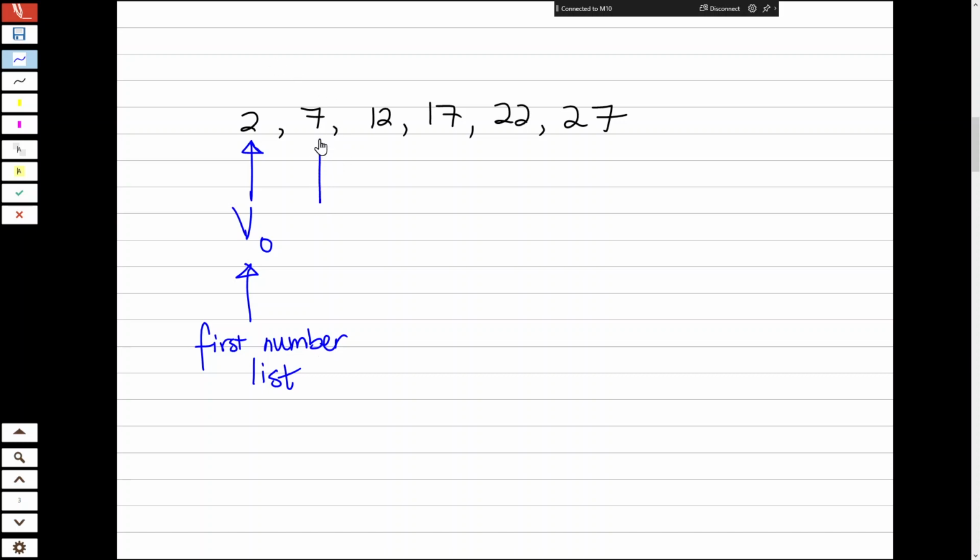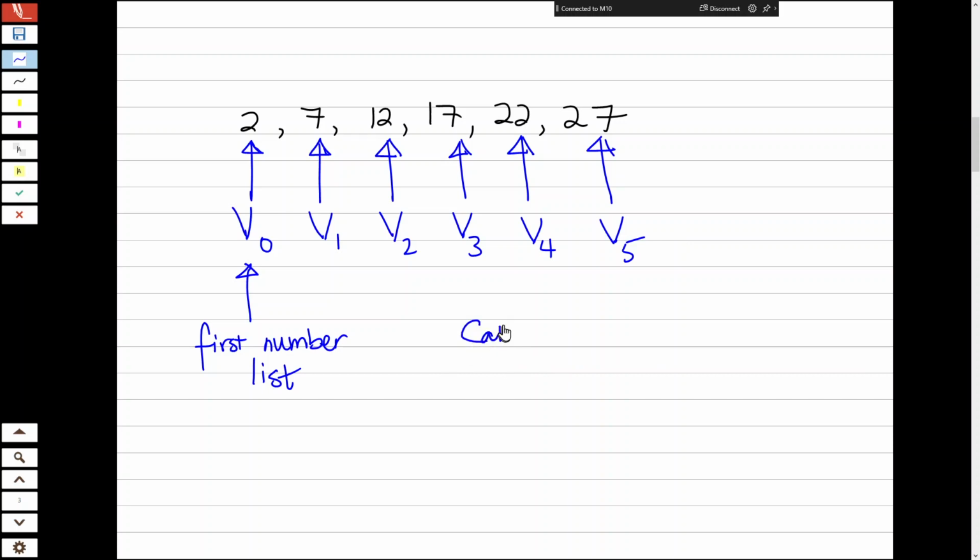Second number, I'm going to call that V1. Next number, V2. Next number, V3. Okay? That's right. All right. So we're going to call this sequence V. This is called a subscript when you write it down the bottom.